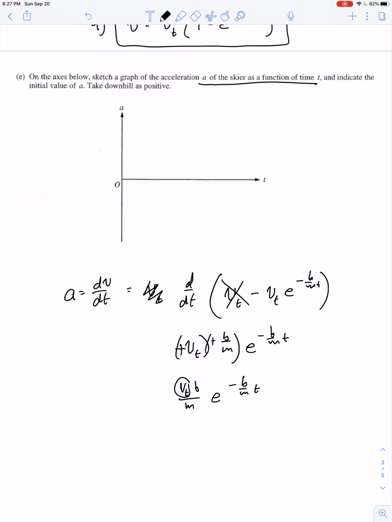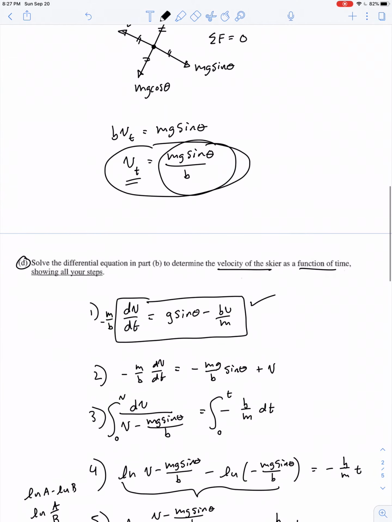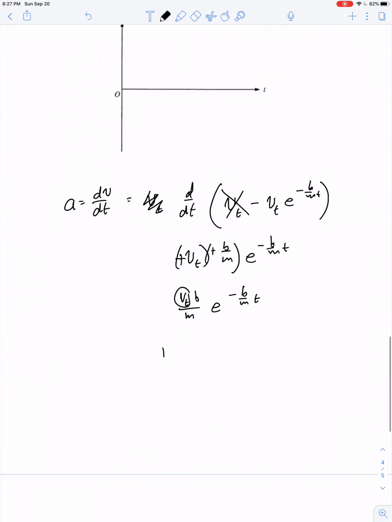But what is v terminal? v terminal is mg sine theta over b. So mg sine theta over b times b over m, e to the negative b over m t. b cancels, m cancels, so we have acceleration is equal to g sine theta times e to the negative b over m t.